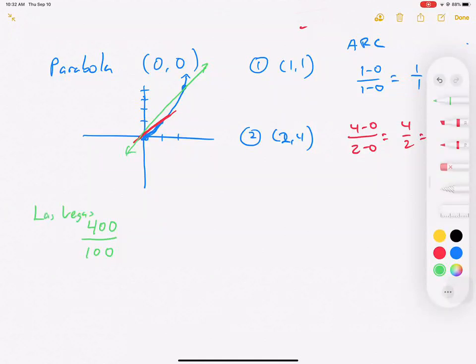Las Vegas is 400 miles away, and what if I get there in 4 hours? Vegas is 400 miles away, and I get there in 4 hours. Well, that means I was driving, on average, 100 miles per hour.